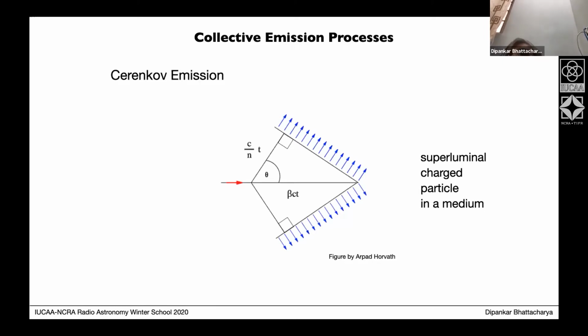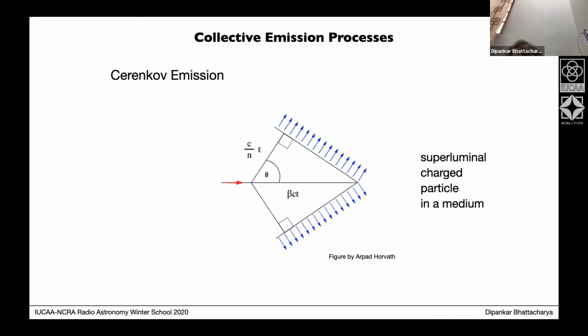If such a thing happens, then it leaves a kind of shockwave-like wake of interaction behind it, and all the charged particles which have been disturbed by this motion act collectively and produce a radiation called Cherenkov emission.